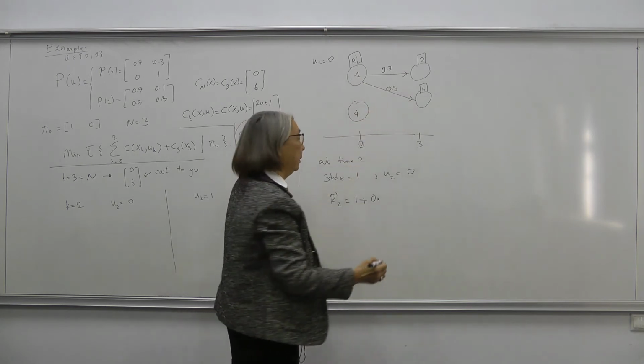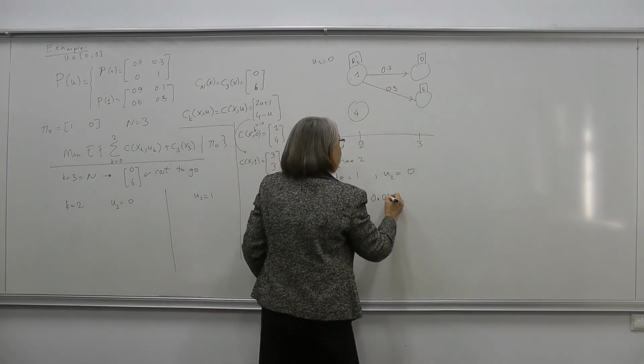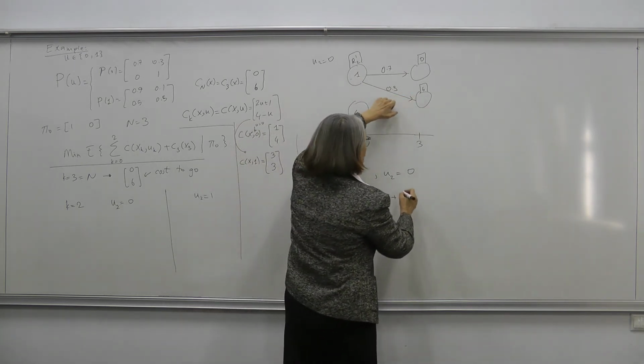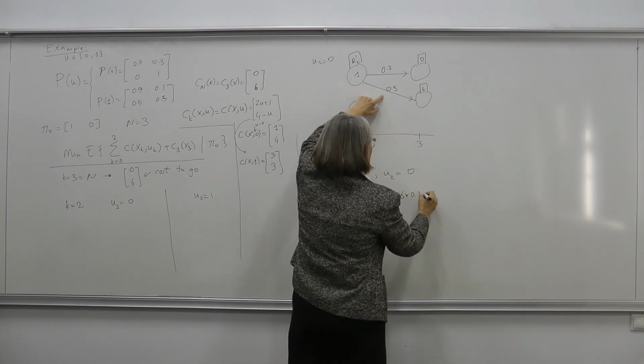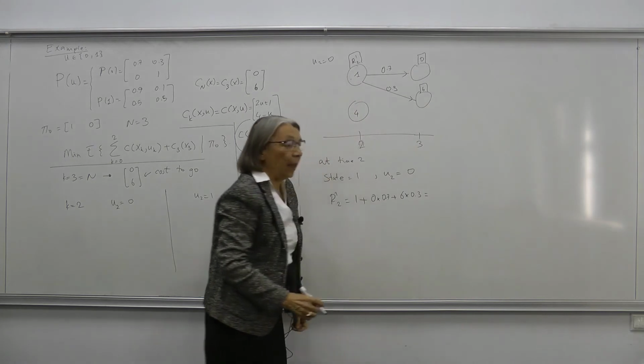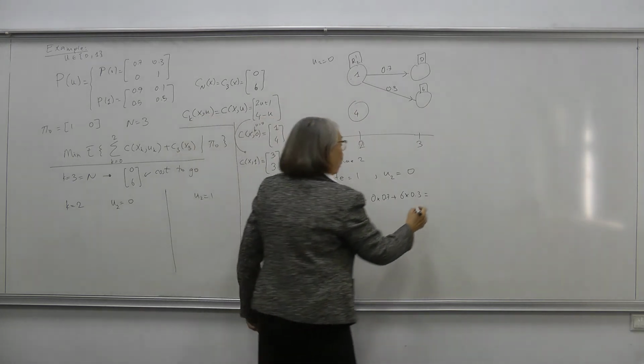That is how we calculate the expected values: 0.7, plus cost to go 6 multiplied by 0.3. So the overall expected value will be equal to 2.8.